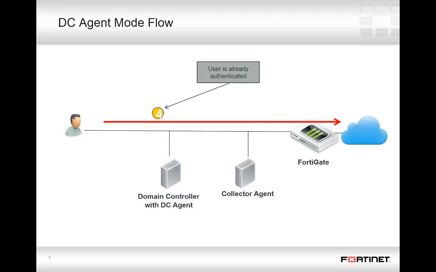So if the person now tries to access the internet, FortiGate compares the source IP address to its list of active FSSO sessions. In this case, the user has already logged on, so FortiGate will not request that user authenticate again.